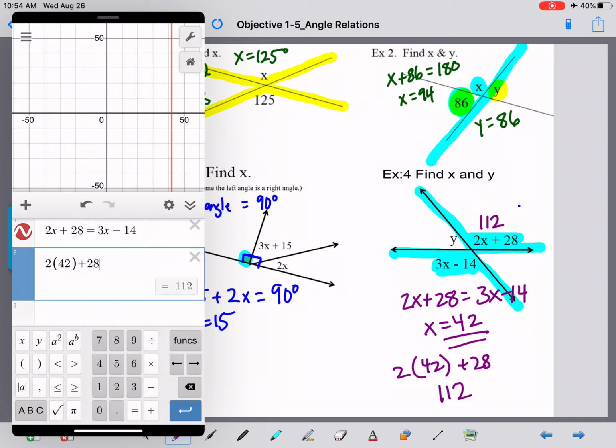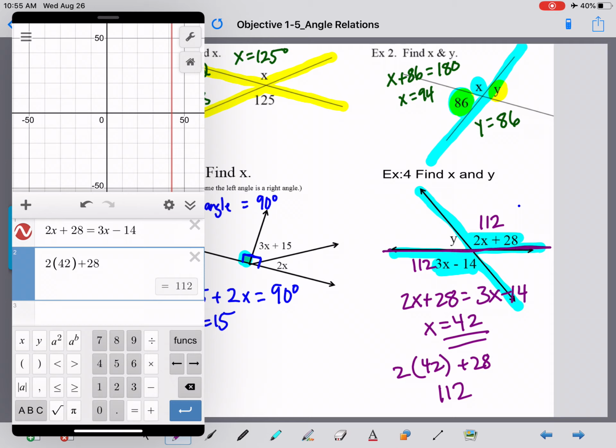So if 2x plus 28 is 112, 3x minus 14 is also 112 because vertical angles are congruent. All right, if I know that I've got an angle that's 112, and I'm pretty sure it's sitting on a straight line.